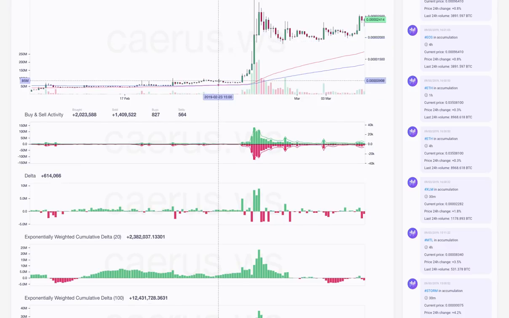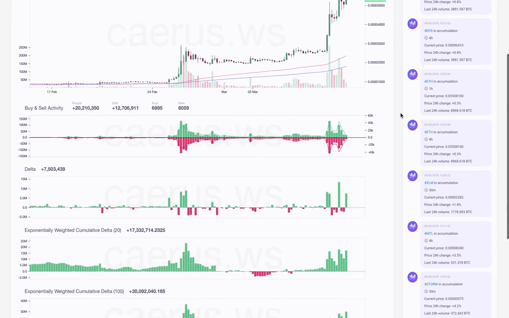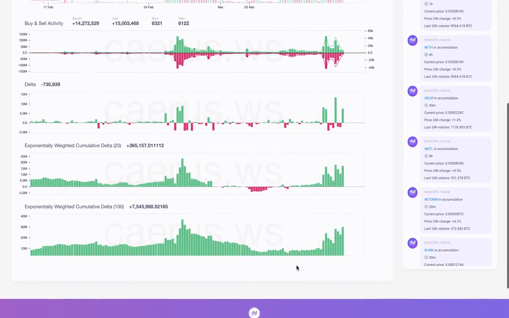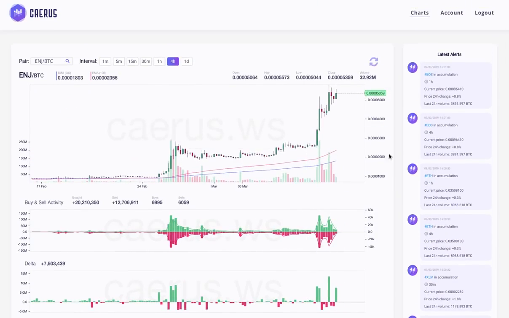The price has risen like five times. And as we can see from the delta, there are still no exits. So the market players still haven't sold off what they have accumulated. It may mean that they want to stabilize the price at the current level or even drive it higher.